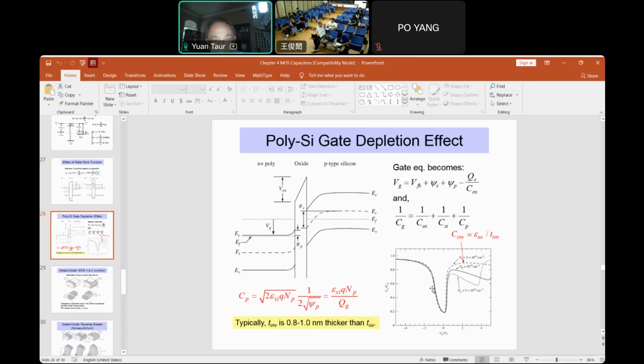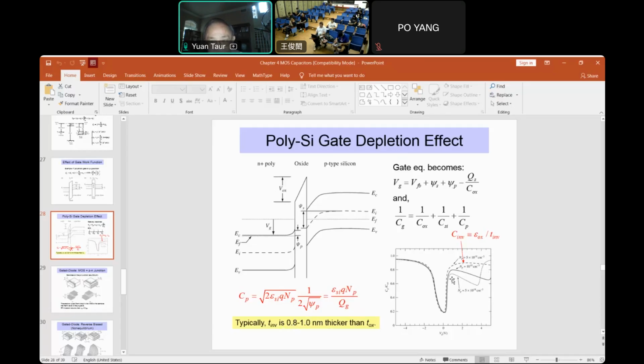This is typical. You can read the details in the book, but the depletion in the polysilicon can be estimated by this parameter. Even if NP is 10 to the 20 per cubic centimeter, you still have some finite depletion layer in the gate next to the oxide.